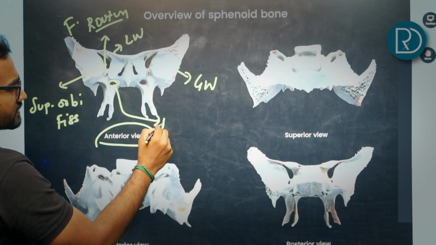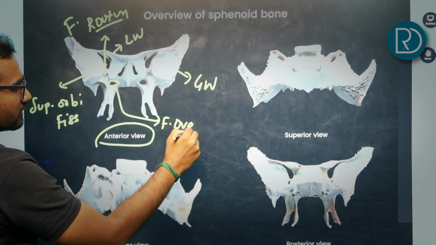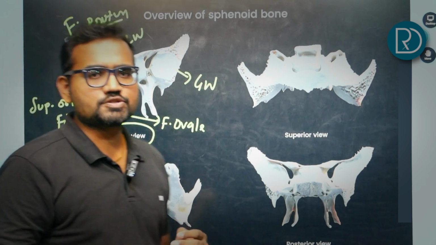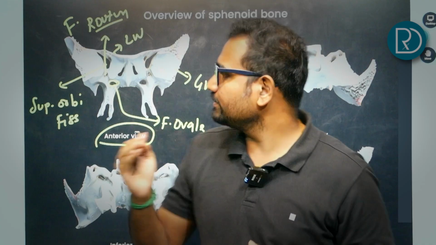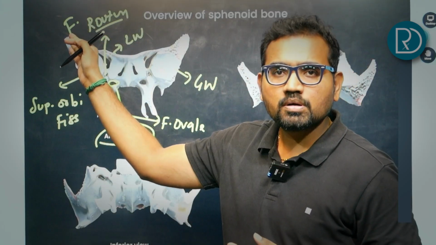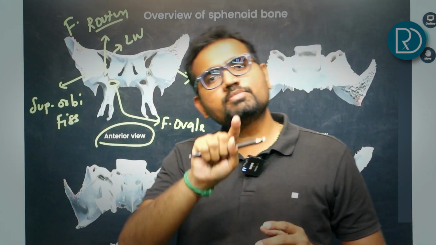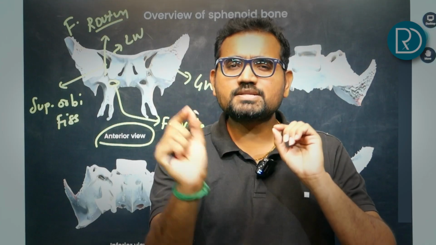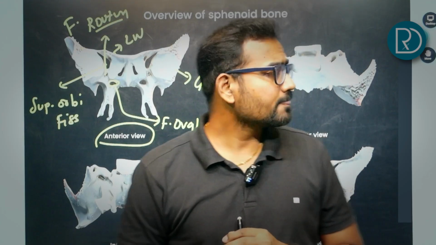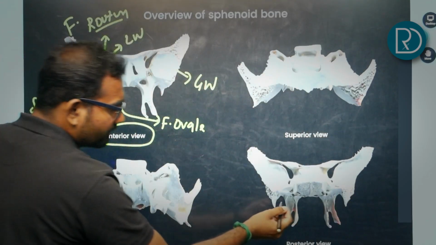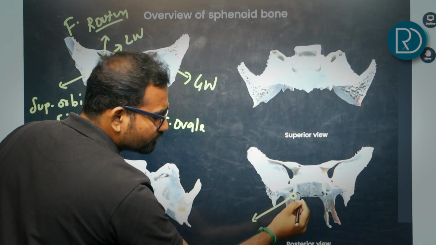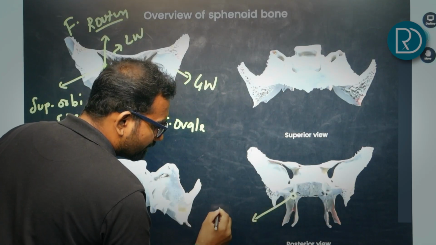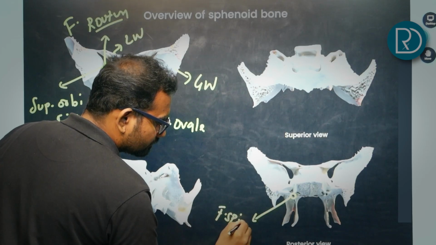This is the foramen ovale. The mandibular nerve passes through it. In general, maxilla is above, mandible is below. Similarly, rotundum is above and ovale is below. Rotundum will be round and ovale will be somewhat oval in shape. In this posterior view, you see another foramen here, and you visualize the other side. This is the foramen spinosum.